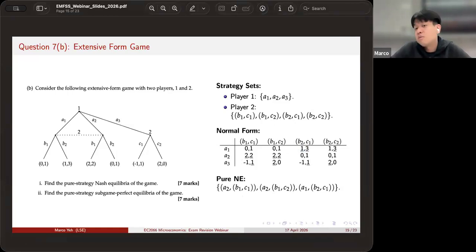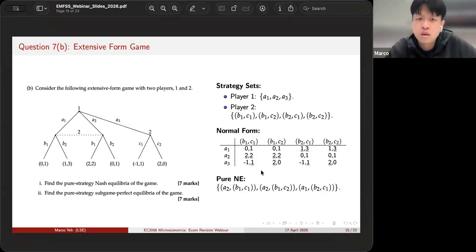That is already out of scope of this module, so you don't need to know what sort of numbers of equilibria in this game is possible. We have a theorem in microeconomics, but it is already outside, so we don't really want to cover that. Okay, good. So these are the three pure Nash equilibria.